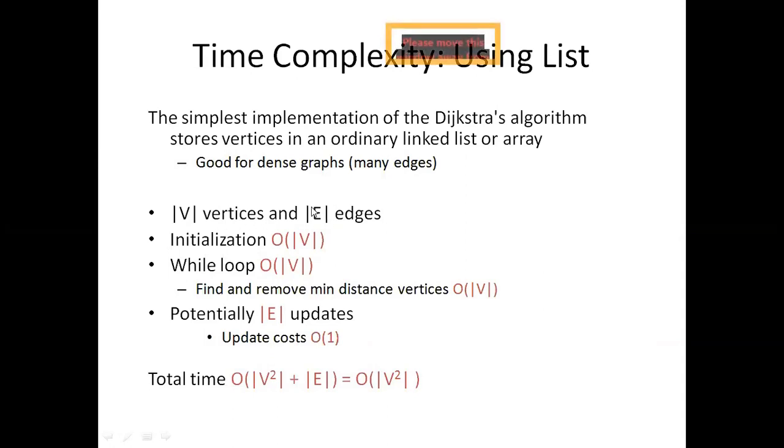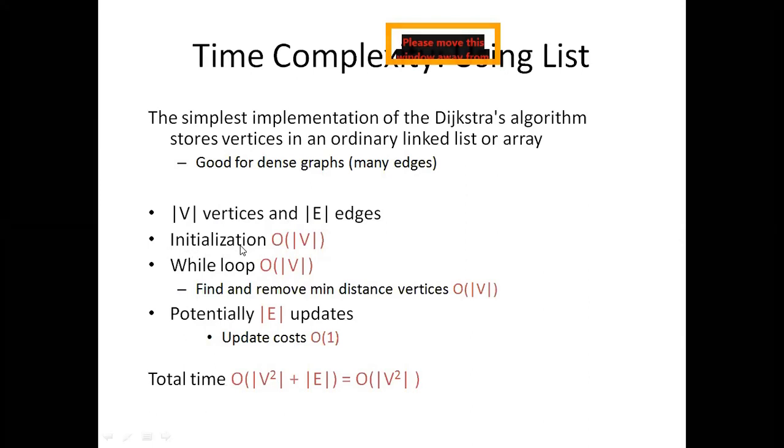So in our algorithm, we are visiting each and every vertex. All the vertices we are visiting. So initialization is O of all the vertices. Initially in our algorithm, we need to initialize the distances with infinity when there is no direct edge from the source vertex to each vertex.